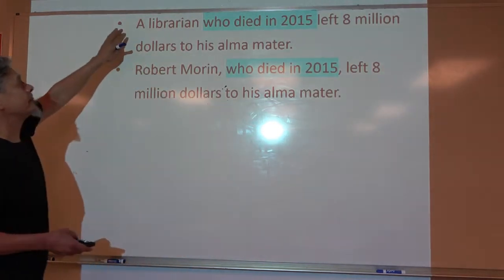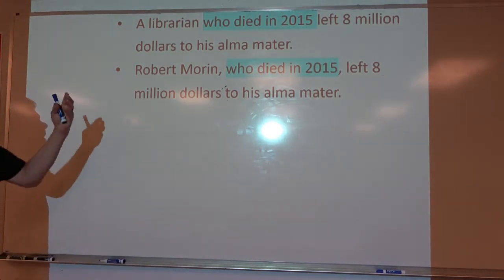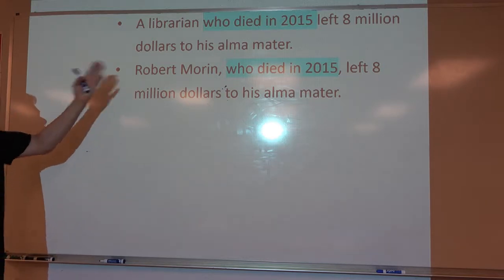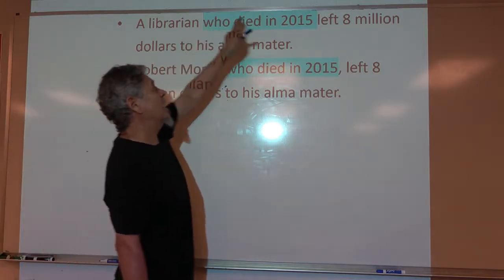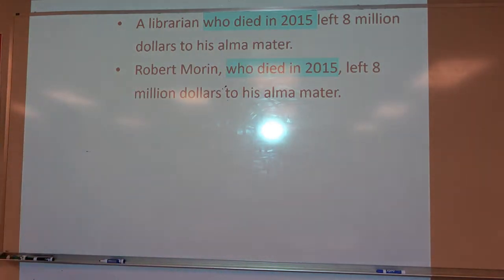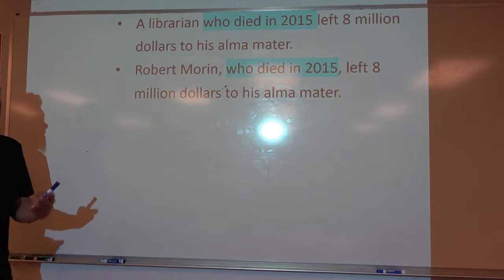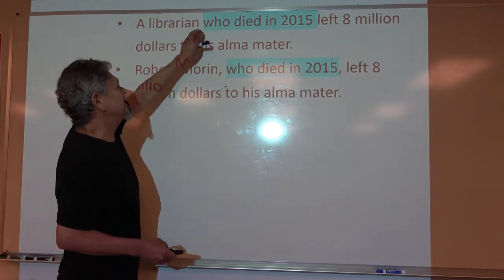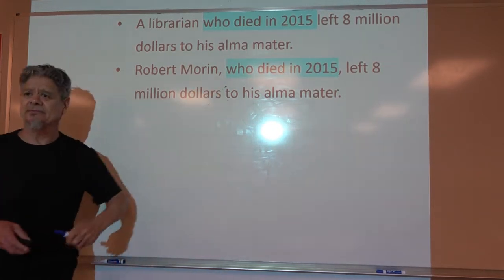Here is a librarian who died in 2015, left $8 million to his alma mater. This has no commas. Robert Morin, who died in 2015, left $8 million to his alma mater. Now, what is the difference between this sentence that has no comma and this sentence that has commas?